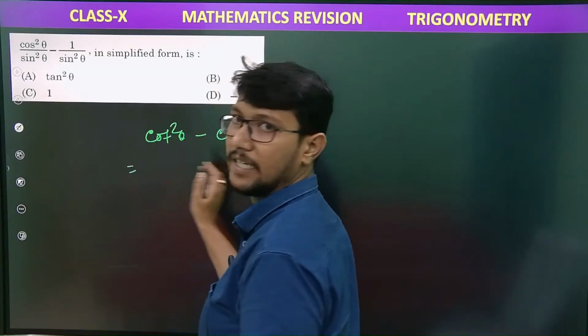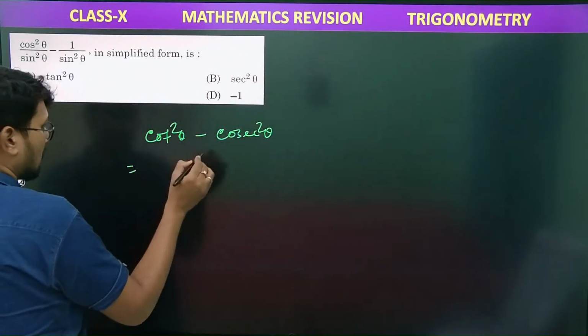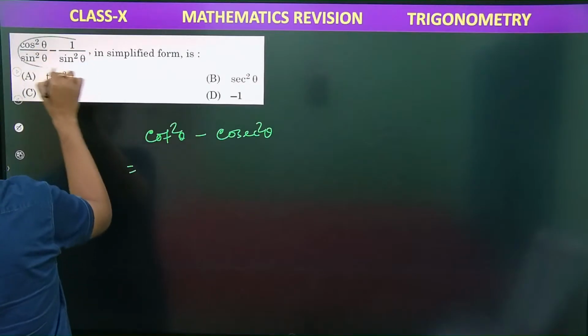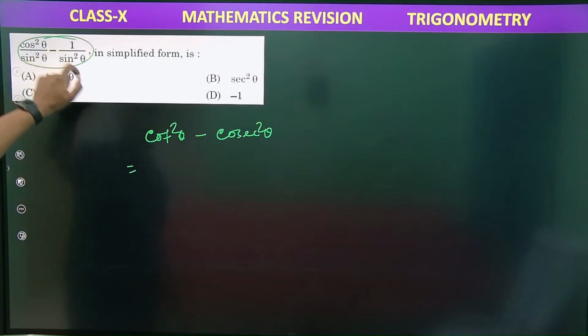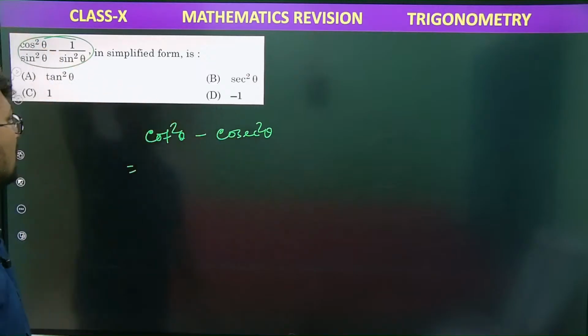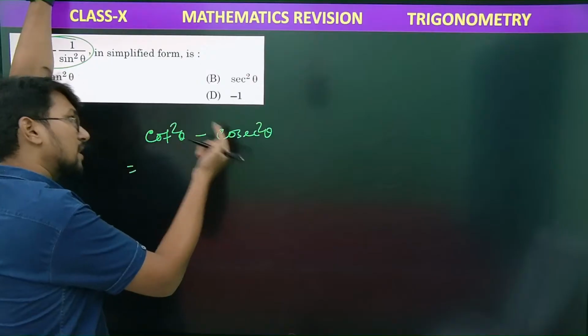We don't have any identity, but by taking minus as common, let us take minus common. In this question, are you getting? So cos square by sin square, I have written cot square, minus 1 by sin square is cosec square. So then cot square minus cosec square, there is no identity, but there is identity cosec square minus cot square.